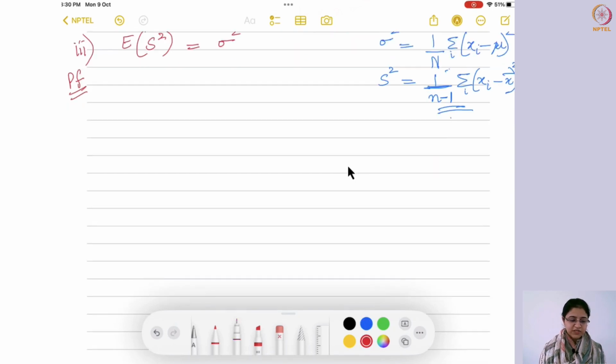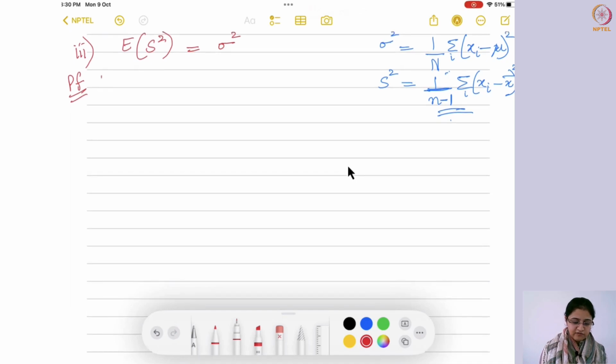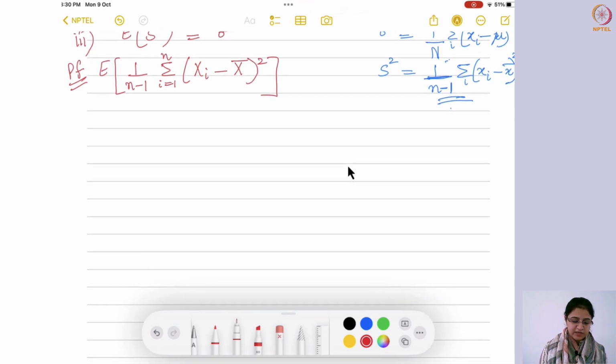So expectation of the sample variance. Here it means that we want to write expectation of 1 over n minus 1 summation i goes from 1 to n xi minus x bar whole square. Okay. Again, n minus 1 can be taken outside.